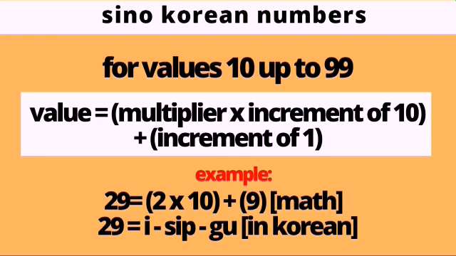We already know and we already memorized number 1 to 9 of Sino-Korean numbers. So the Sino-Korean version of number 9 is just gu. And then we'll just add it to the first part, which is E ship. If you could check, we are able to follow the formula. So for you to transform a number into its Sino-Korean pronunciation or spelling, you would need to follow the formula.